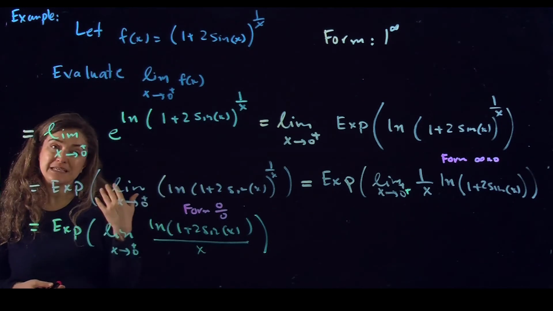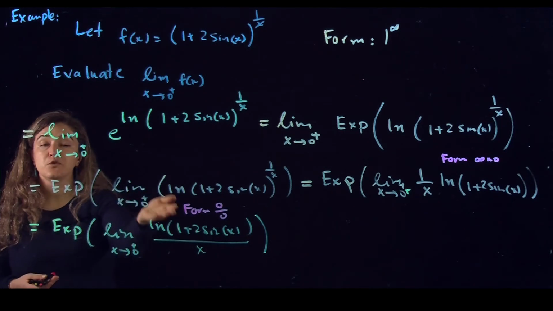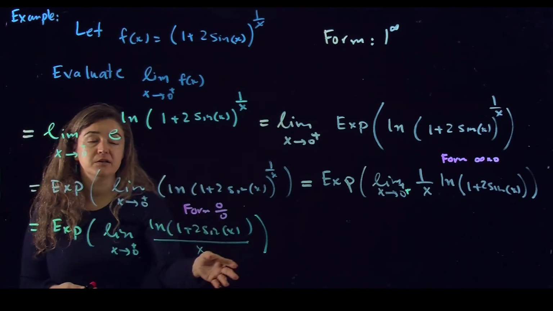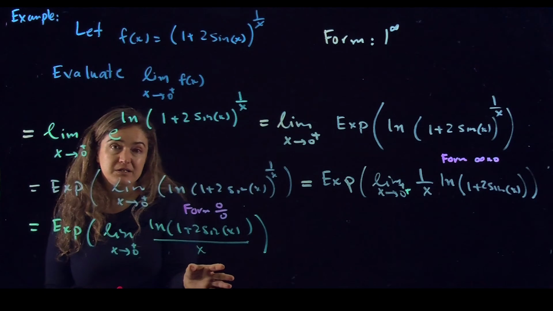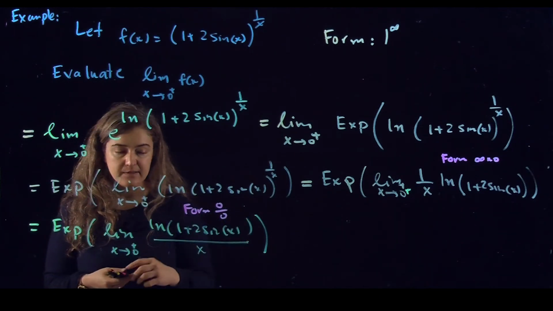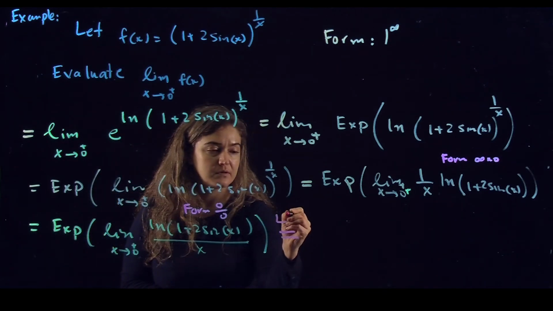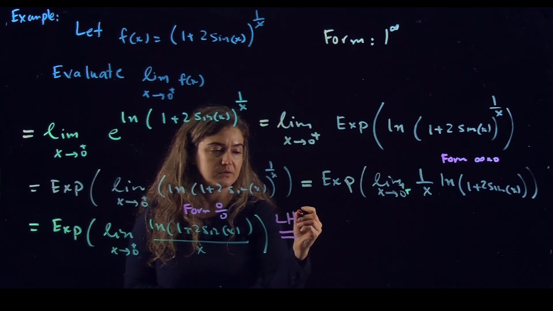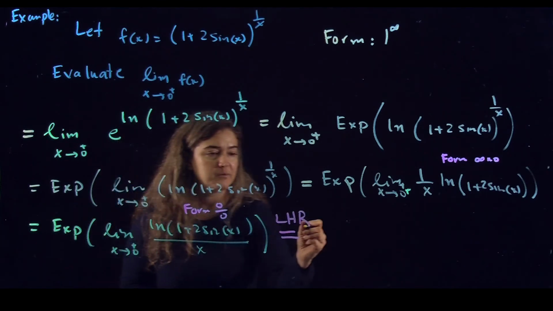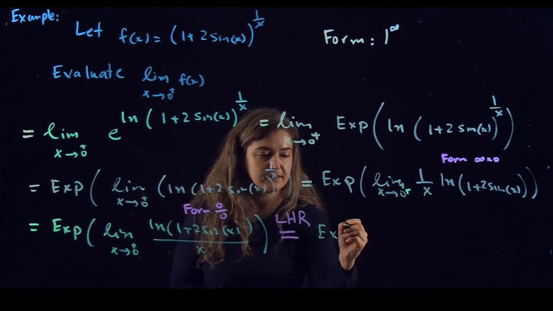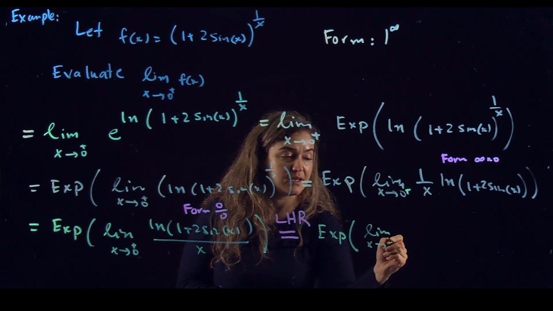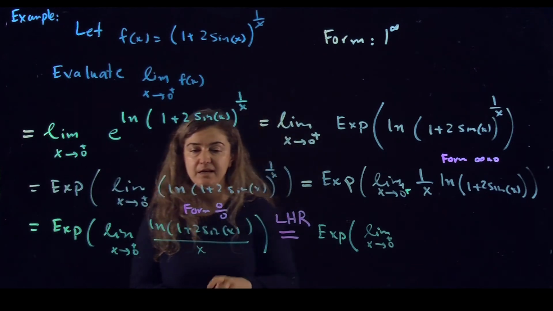Again, L'Hopital rule is not the quotient rule. Quotient rule is for taking a derivative. L'Hopital rule takes the derivative of the numerator and divides by the derivative of the denominator and creates another limit for us. So by L'Hopital rule, exponential stays, limit as x approaches 0 from positive.